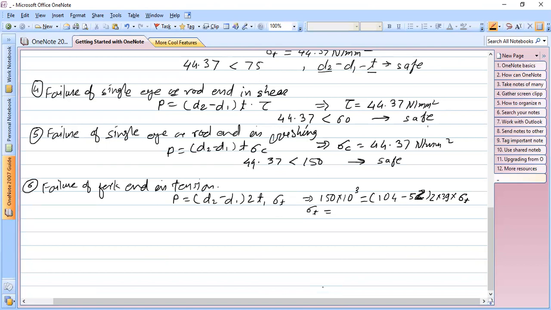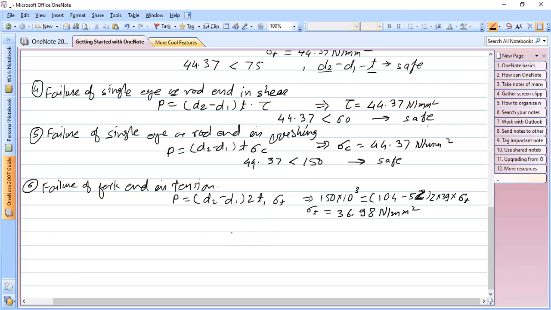No, sir, we need to find out the sigma T value from there. 36.98. Okay, 36.98, sir. So we are getting 36.98 Newton per mm square. Okay.